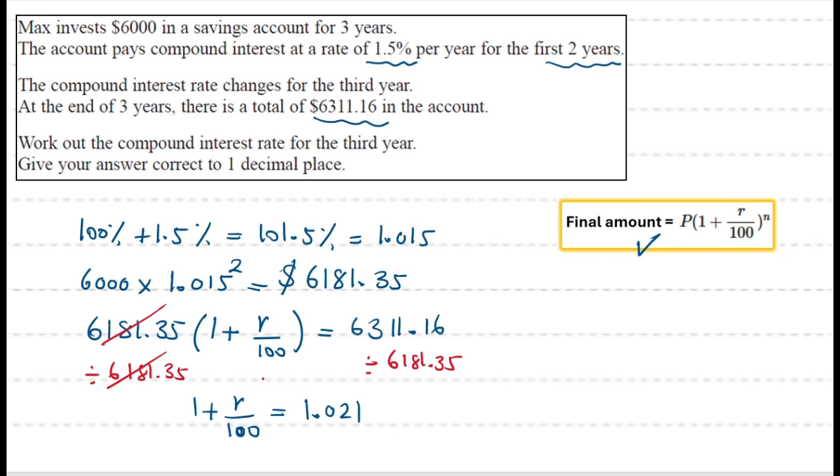To solve the equation to find R, we need to subtract 1 from both sides. So we'll get R over 100 equals 0.021. And finally, we multiply both sides by 100, which will give us R equals 2.1%. That's the final answer.